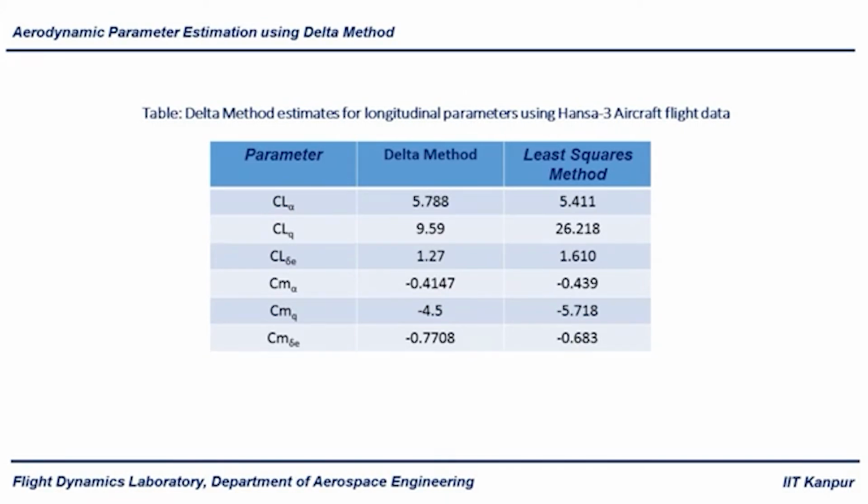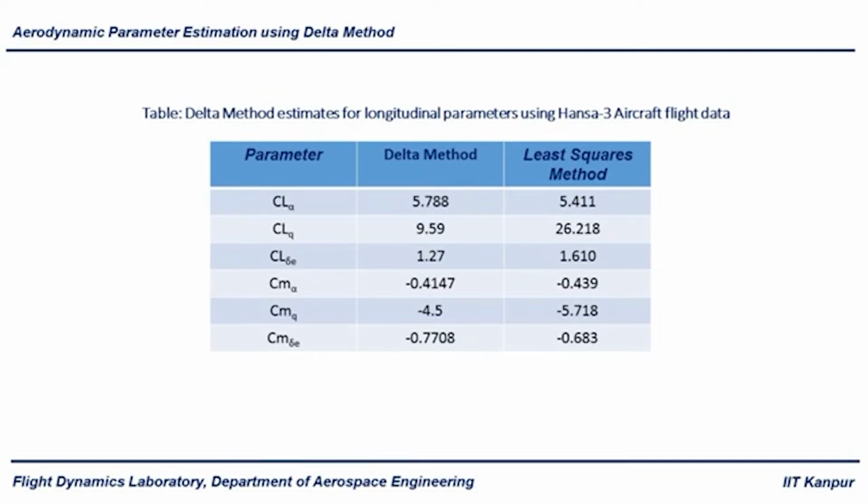Okay, so you see here you have CL alpha, CLq, CL delta E, CM alpha, CMq and CM delta E, estimated using delta methods and using least square methods. If you see, they are reasonably in agreement. CL alpha 5.788 you got from the delta method, and 5.411 you got from the least square method.